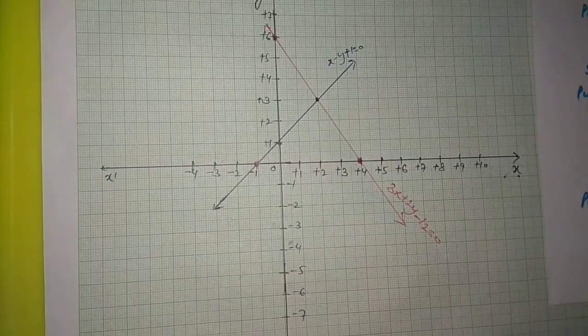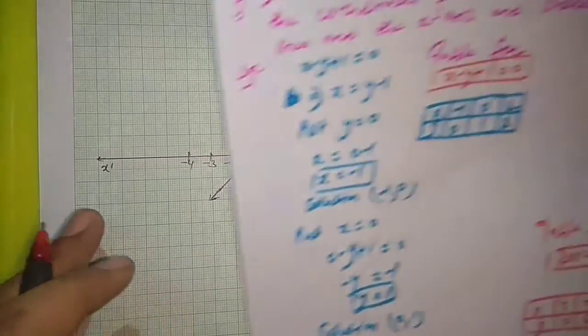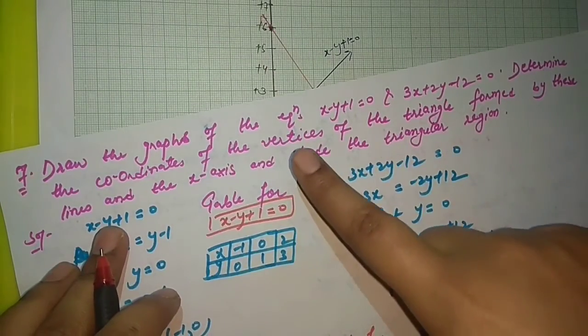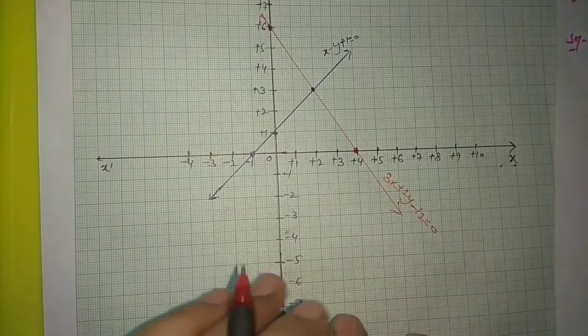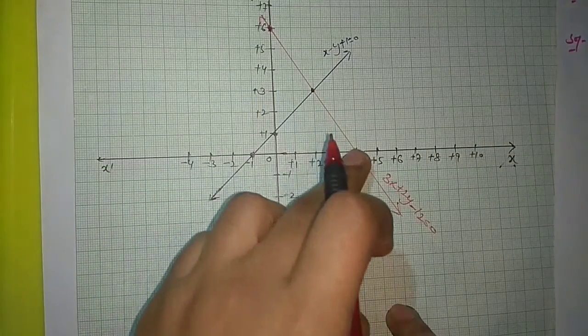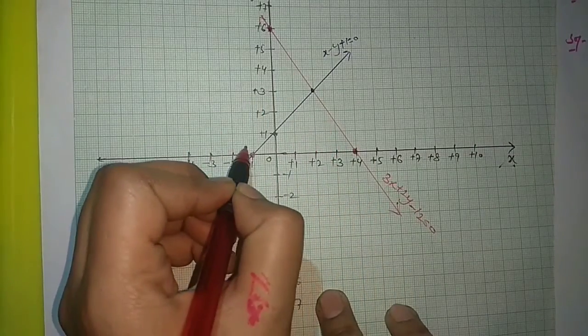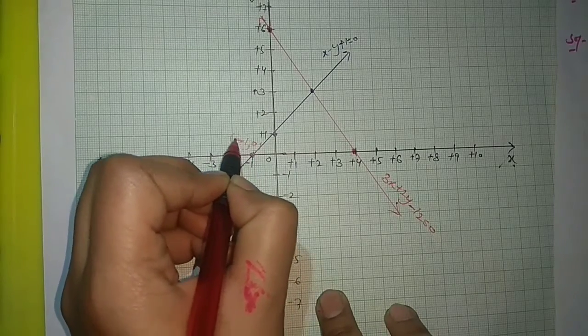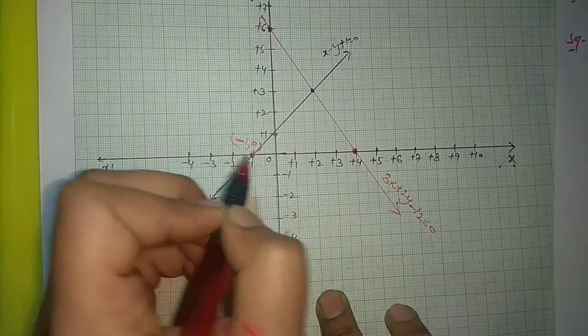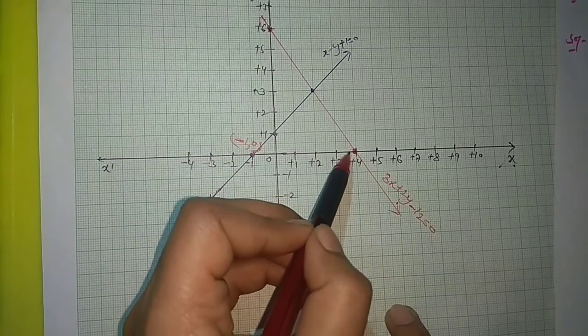So what was the question? That was determine the coordinates of the vertices of the triangle. So here we can clearly see that this is the triangle formed by these two lines, and what are the coordinates? It is minus 1 comma 0, the first coordinate.